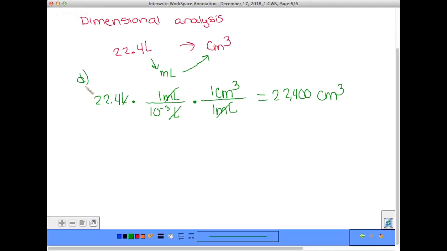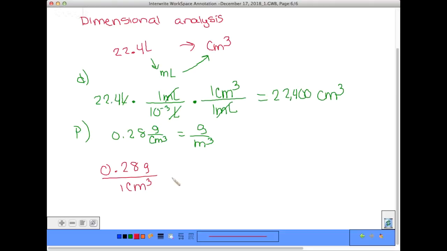So this was D. P says convert 0.28 grams per centimeter cubed, and I want to convert this into grams per meter cubed. There is another way to look at this problem, so I'm going to show you guys this way. So 0.28 grams per 1 centimeter cubed.